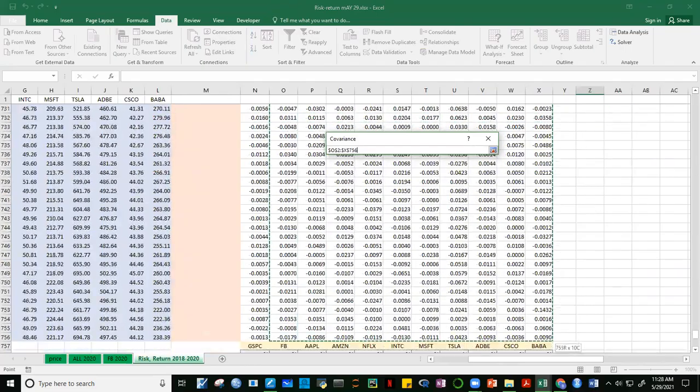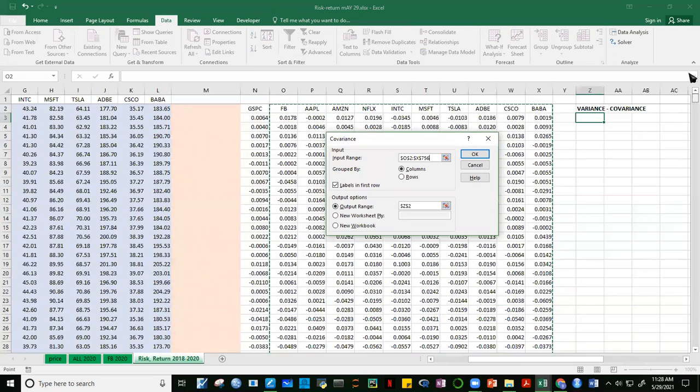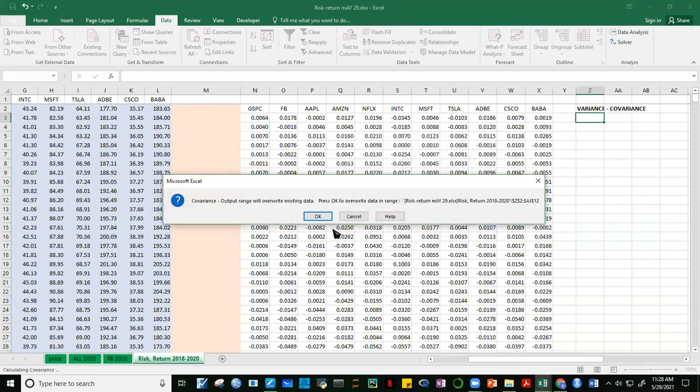Yan, hanggang dito. There. Group by, ang grouping by natin, columns, and then labels in the first row. And then yung output range natin, ilagay natin dito sa Z2. So dito ko pinapalagay, no? Z2, okay.